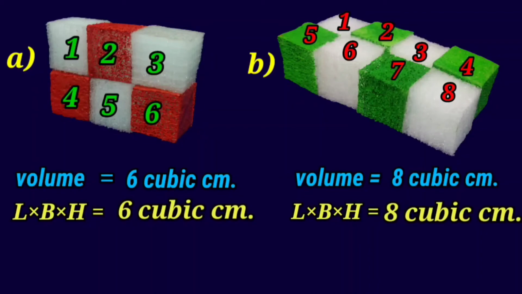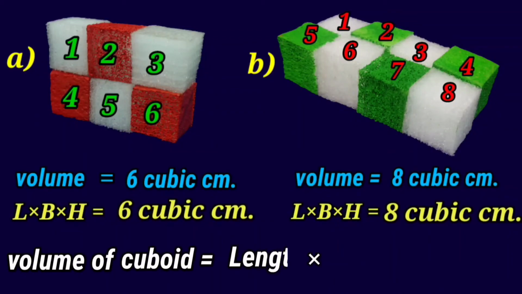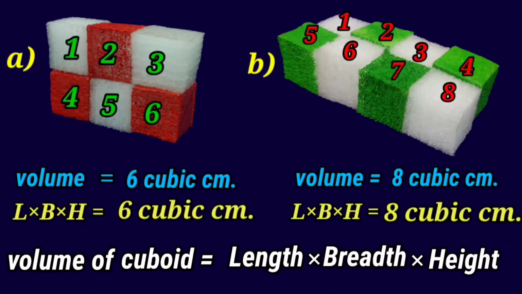When we look carefully, we notice that the volume counted with the help of number of cubes is equal to the multiplication of its length, breadth and height. So we conclude that volume of each cuboid is equal to length multiplied by breadth multiplied by height.